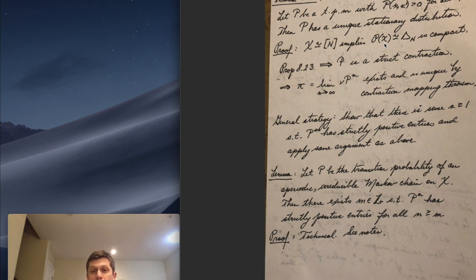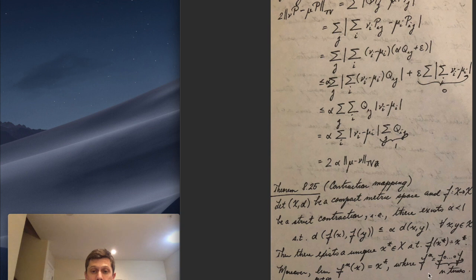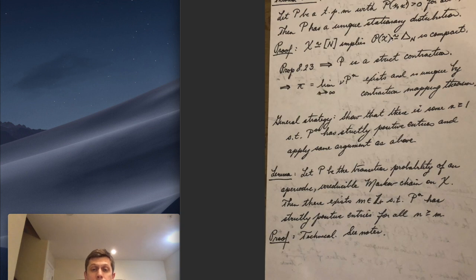So by the contraction mapping theorem, it has a unique fixed point. And we also know that this limiting result holds here, also by this theorem. So note that since all of the entries are strictly positive, this is an aperiodic chain, and so this satisfies the stronger property of the theorem that we want to show.